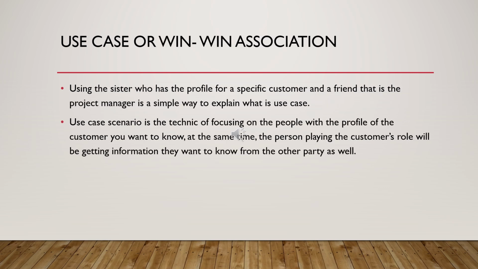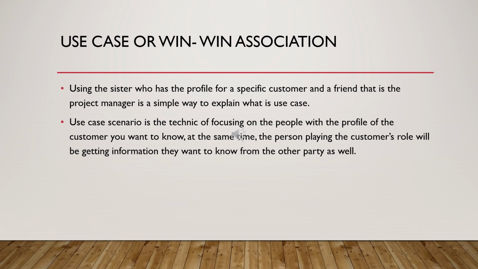David will use one simple real-life example where he presents his sister as a customer and his friends as the manager. The manager wants to get information from the sister. They want to make sure the sister has the profile of the type of customer they are looking for. Also, on her side, the sister would like to get information from one project manager.